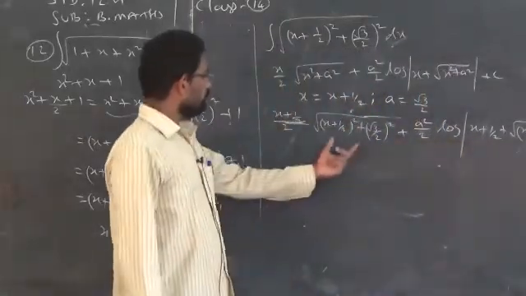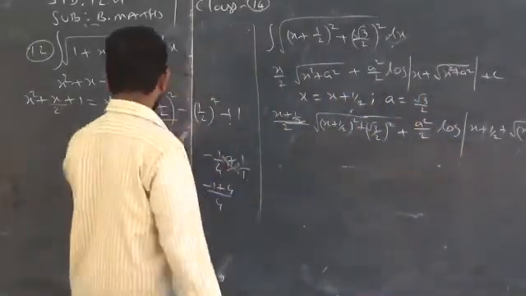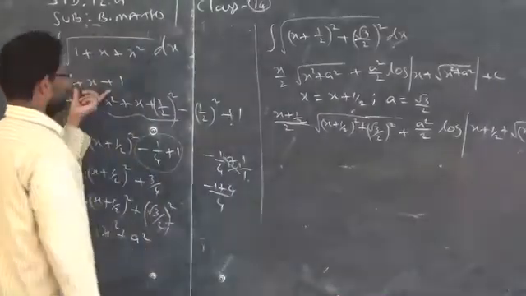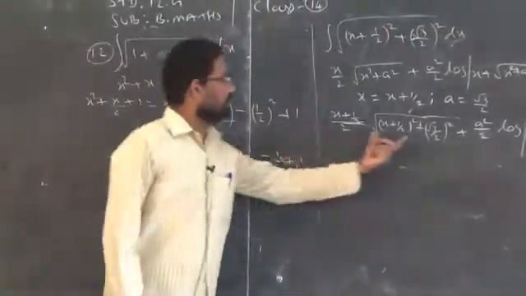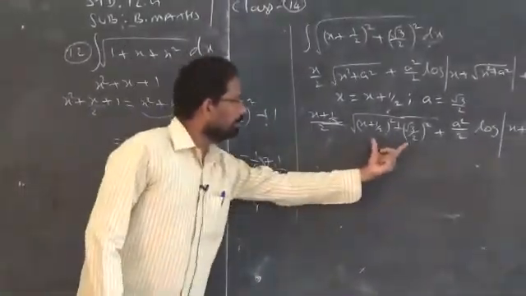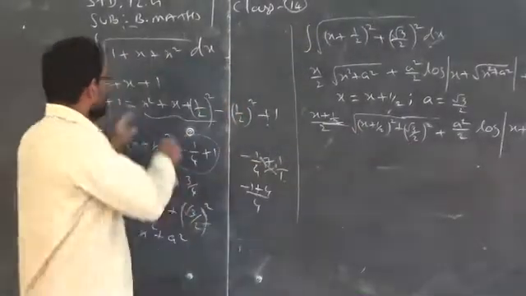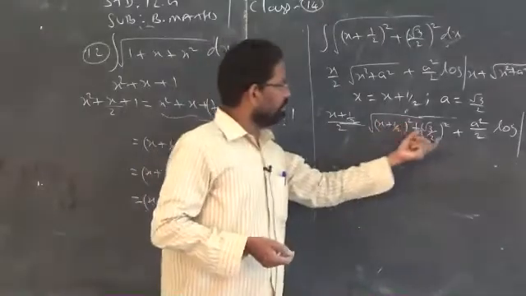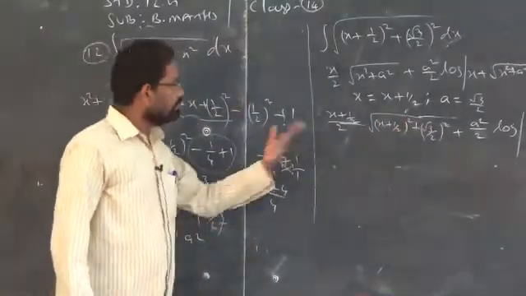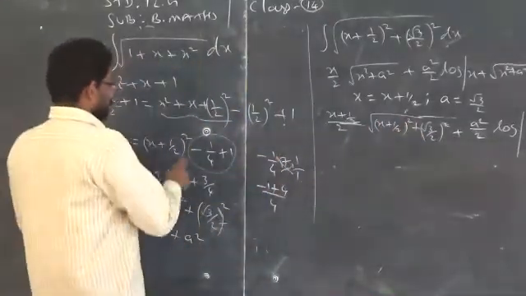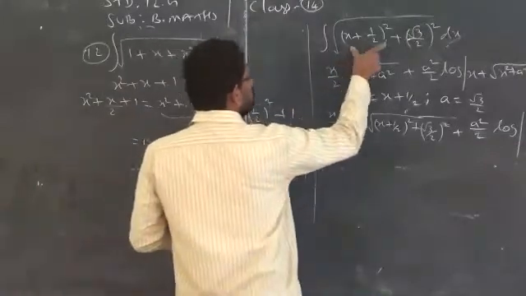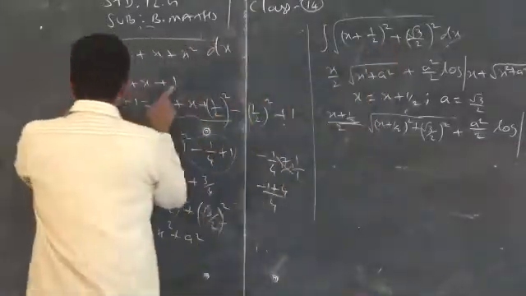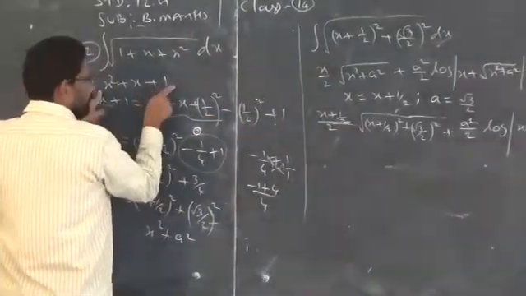So from where will you get this answer? From this only we will get this answer, isn't it? So you can replace these two terms straight away with the question. That's all, very simple. No need to expand and simplify. Yes, these two terms I got from x square plus x plus 1.